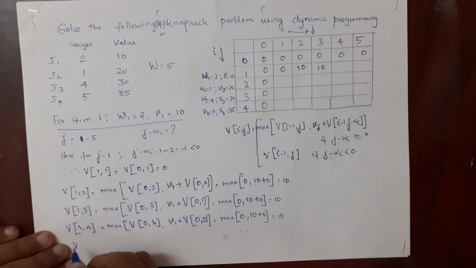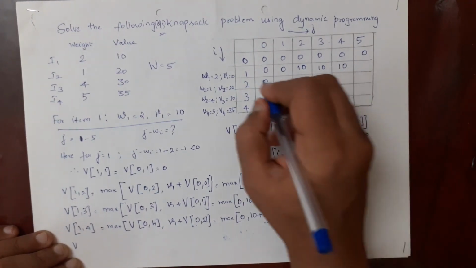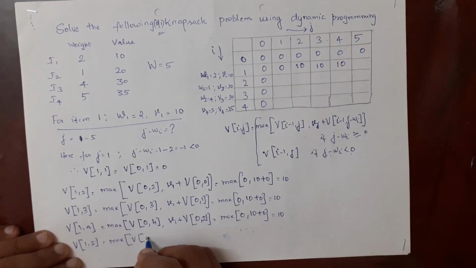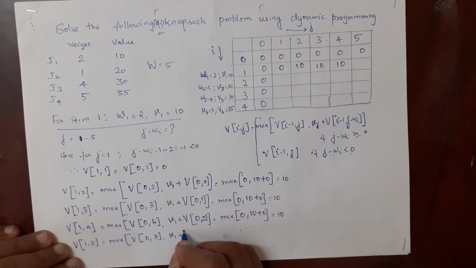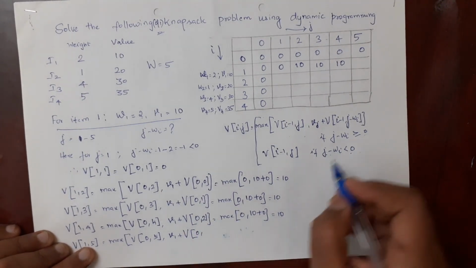Next, 1 comma 4 is 10. First we have to fill here 1 comma 4 is 10. So finally we have to calculate for 1 comma 5. 1 comma 5 is maximum of v of I minus 1, so 0 comma j, 5 comma v1 plus capital V of I minus 1, so 0 comma, here it is j minus wi.